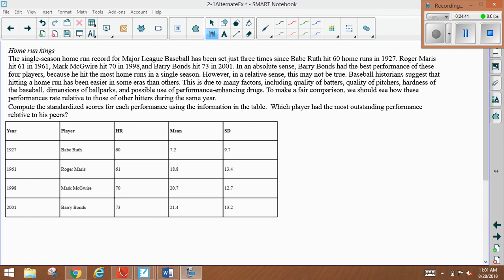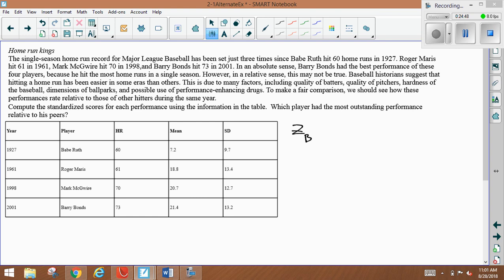So we're going to go Z sub B, Babe Ruth. Oh, we'll have to do BB for Barry Bonds. So let's look at a Z-score. He did 60 home runs, minus our mean of 7.2, and then our standard deviation was 9.7.